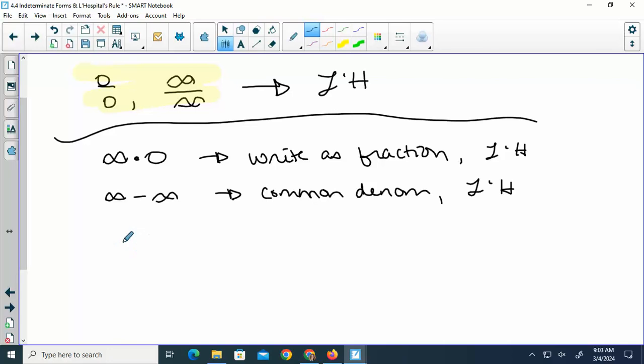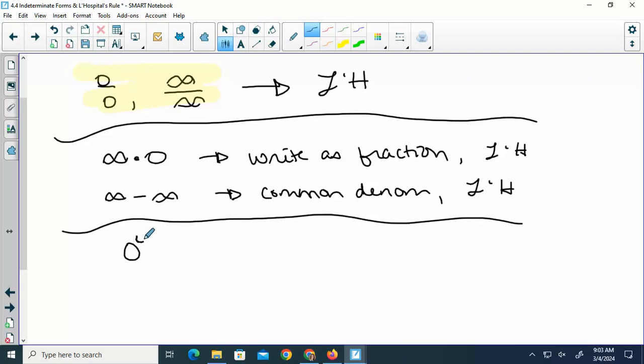Alright, and then we had our exponentials. What were the 3 exponentials we didn't know? 0 to the 0, infinity to the 0, and 1 to the infinity.